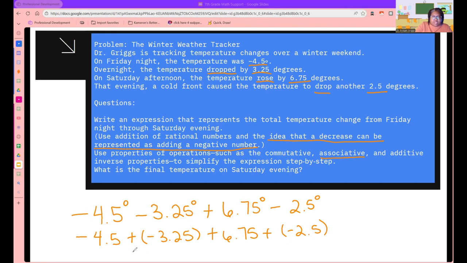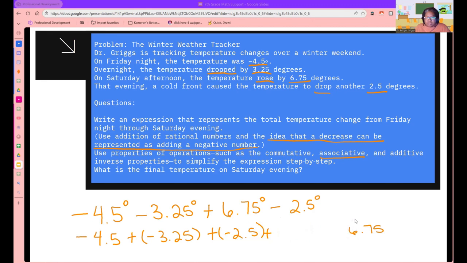I'm going to move this 6.75. I'm going to move that, and then I'm going to move this here.